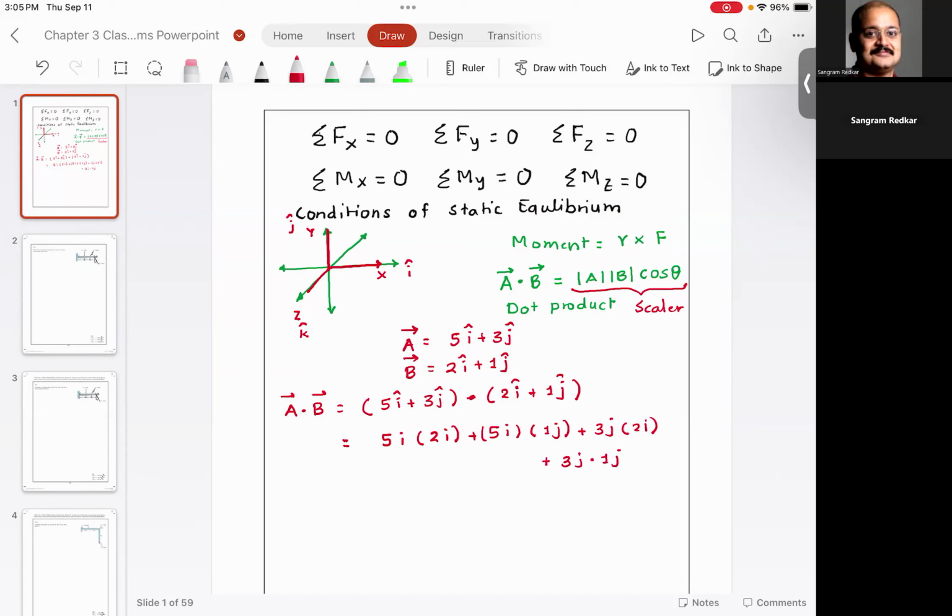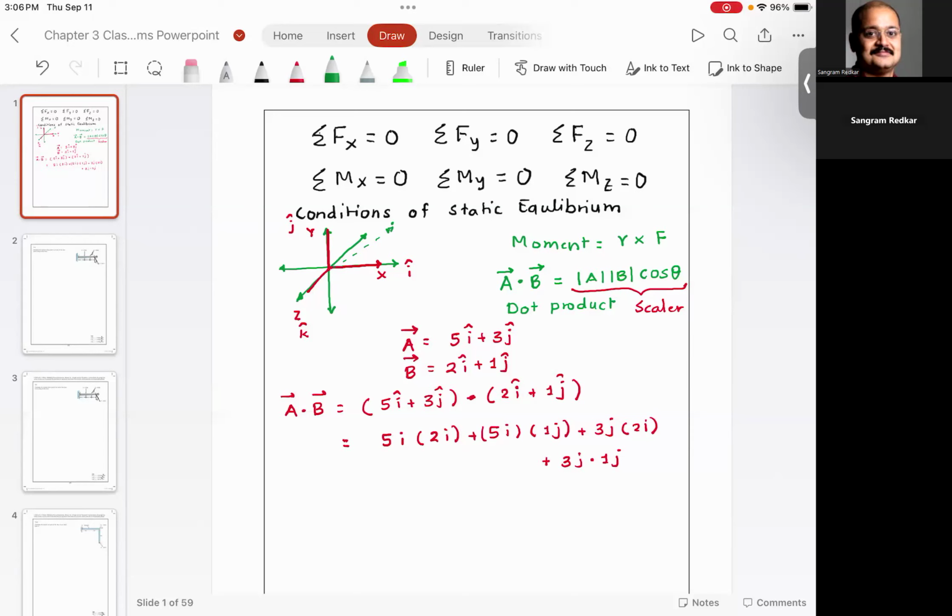So I want you to understand what I've done here. A is a vector. The A vector is defined as 5 units in i direction, 3 units in j direction. So if I were to draw this vector, this is going to be something like maybe 5 units here. So this would be the vector. Similarly, 2i and 1j.